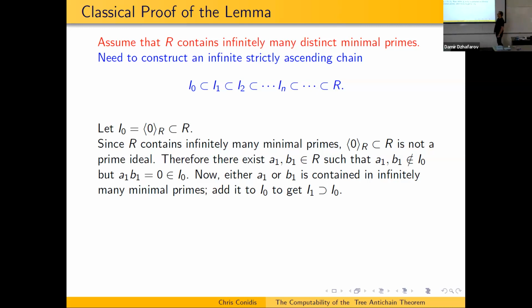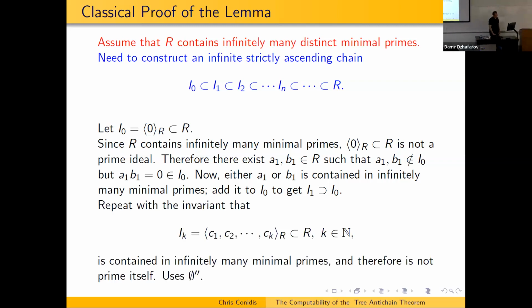And so that's the element we add to I0, the zero ideal, to get the next ideal I1. And so you add the element that is contained in infinitely many of the minimal primes to generate the next one. And that's basically the way that the construction works.